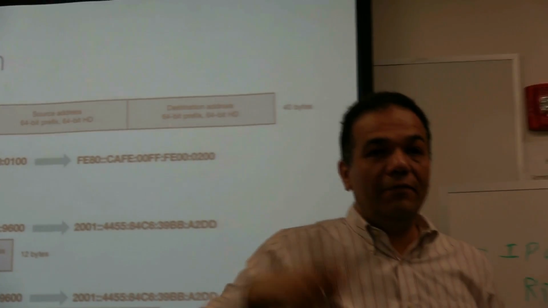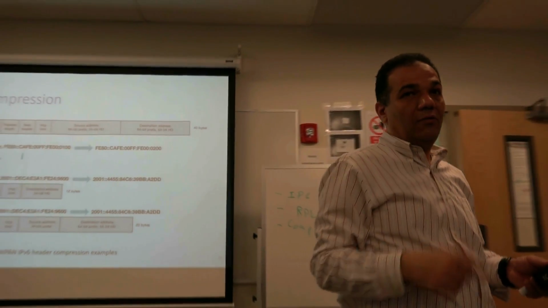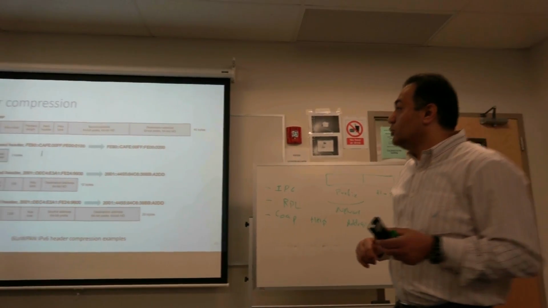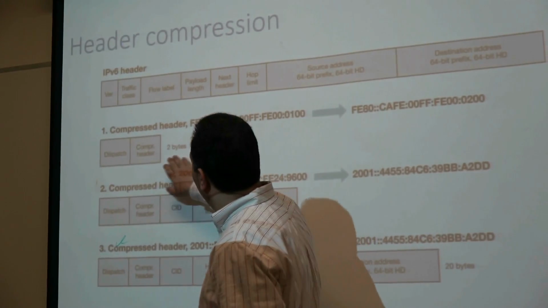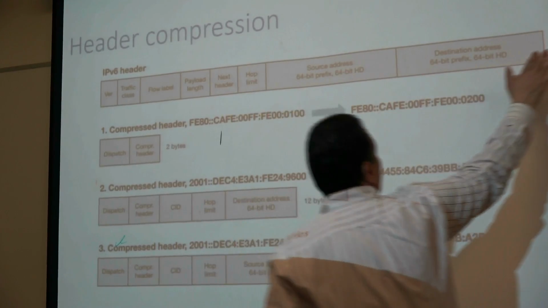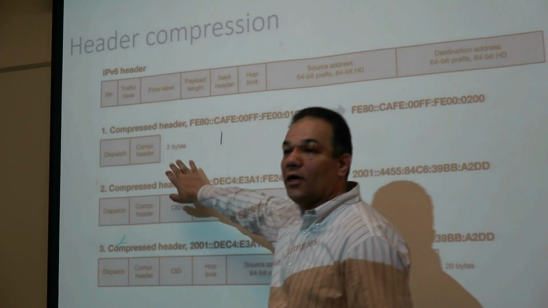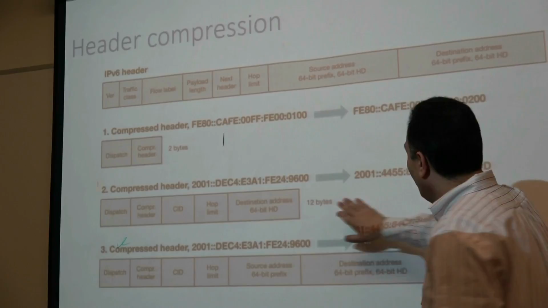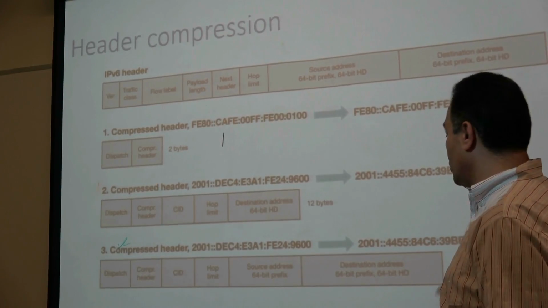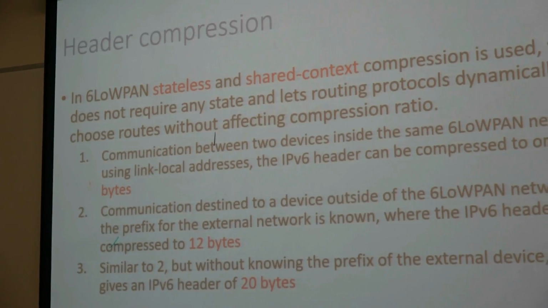You could always have extension headers, right? Here, you could compress it from 40 bytes to 2 bytes, or from 40 to 12, or from 40 to 20 bytes. It depends on the location.